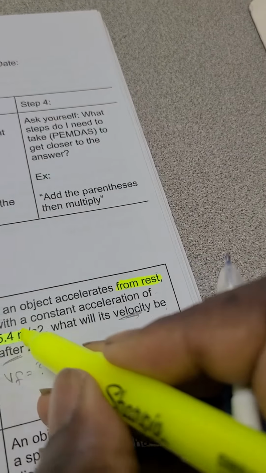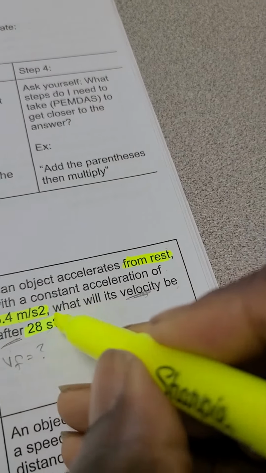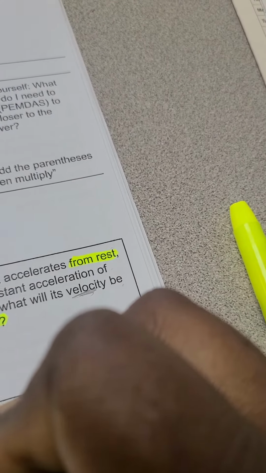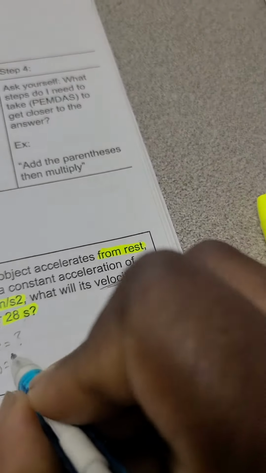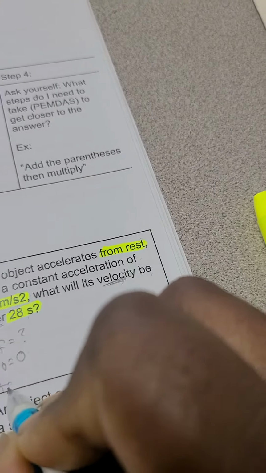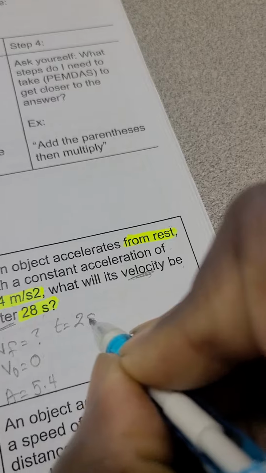We know that the acceleration after it started to move is 5.4, and we know that 28 seconds is how long it took. So that means we have our starting velocity. It was from rest, so it's going to be 0. We have our acceleration, which is 5.4, and we have our time, which is 28 seconds.